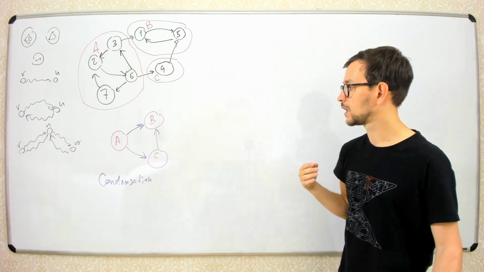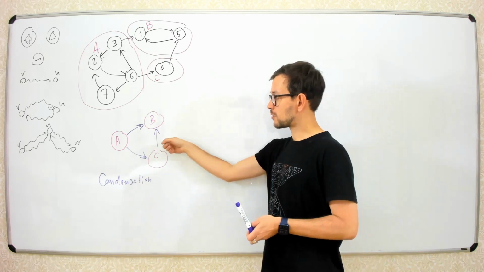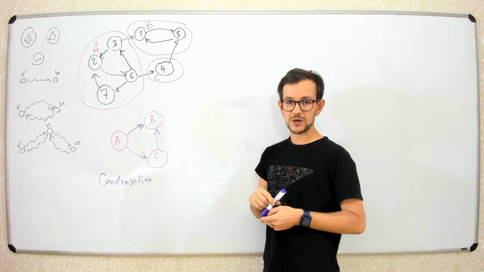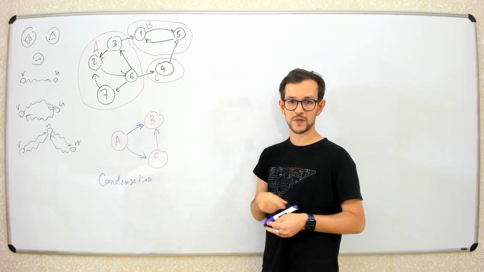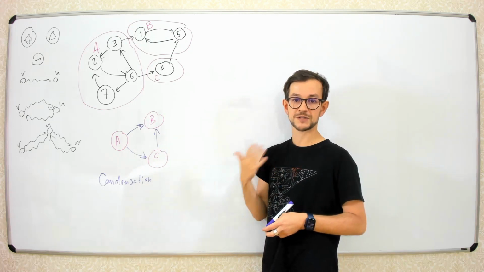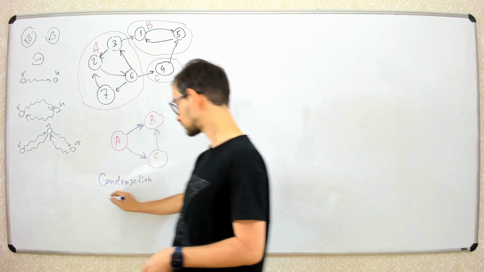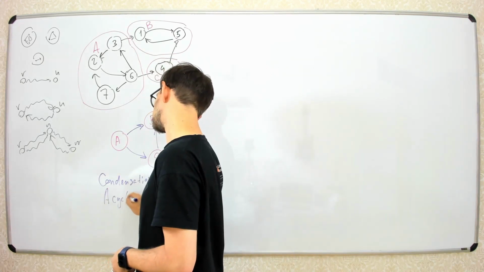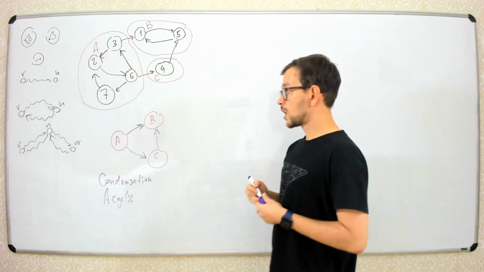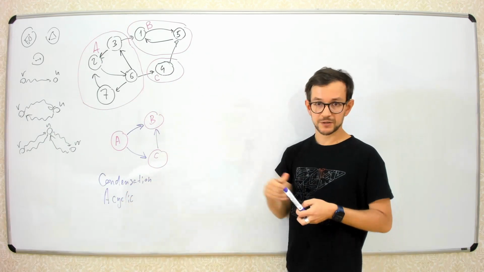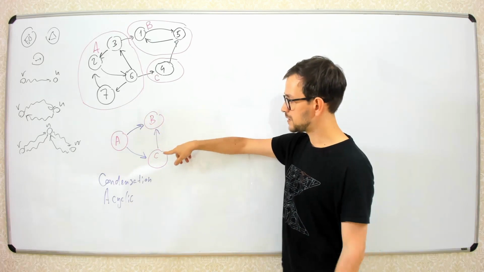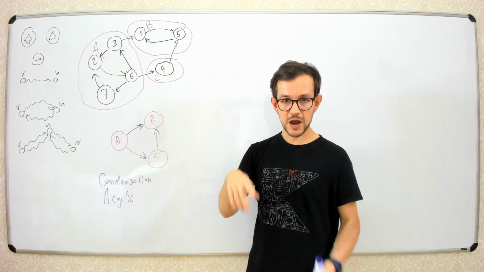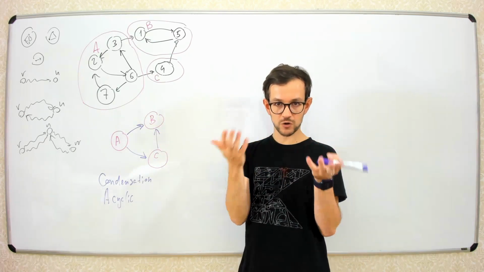That's all. Now, what's interesting about this graph? Interesting about this graph is you can't have cycles in this graph. So the condensation of any graph is always acyclic. Why can't you have cycles in this graph? It's easy to see. If you have a cycle in this graph, any cycle is actually a strongly connected component.